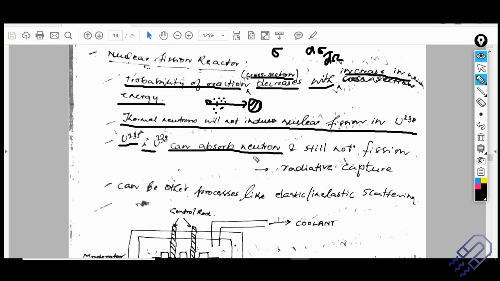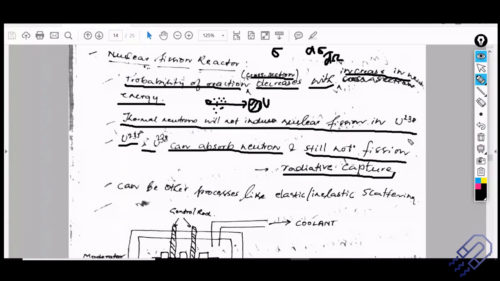Uranium-238 and uranium-235 both can absorb a neutron, but still there might not be any fission possible, because depending on the energy of the neutron incident on uranium, you might have something which we call radiative capture. It will capture the neutron and it won't go into the excited state, or it won't get enough Q value to actually break into two parts.